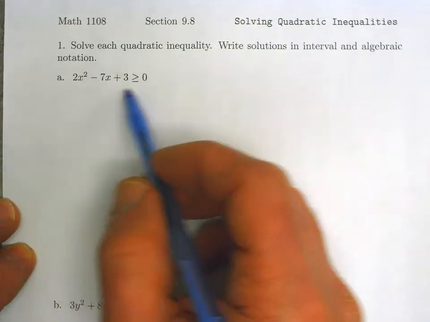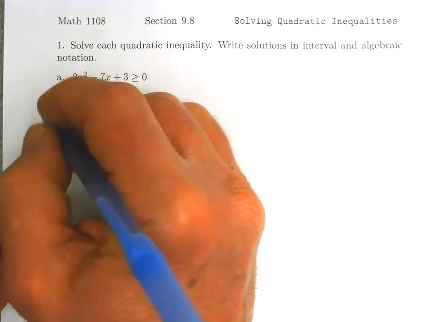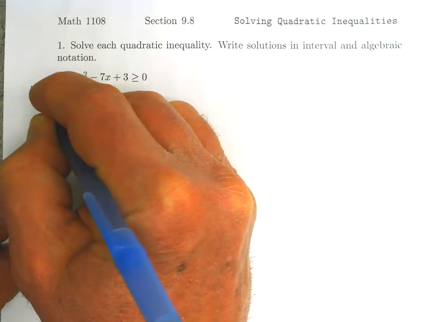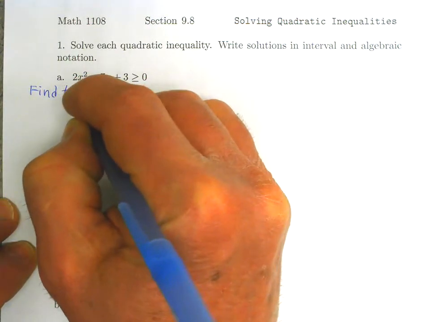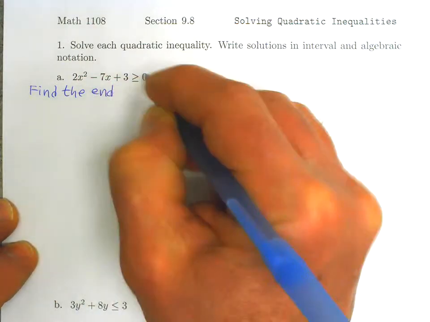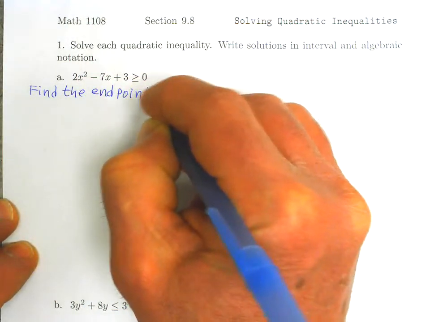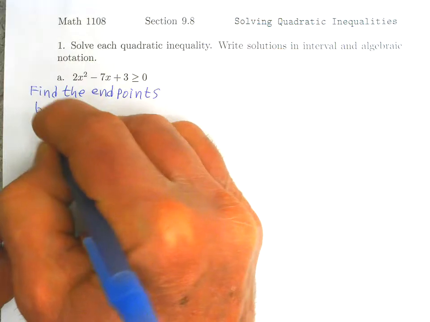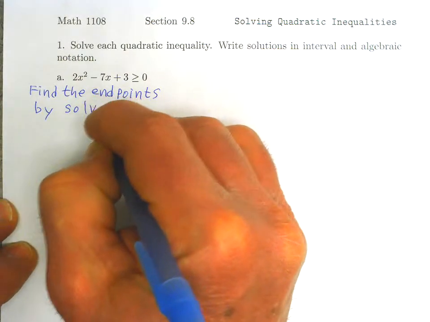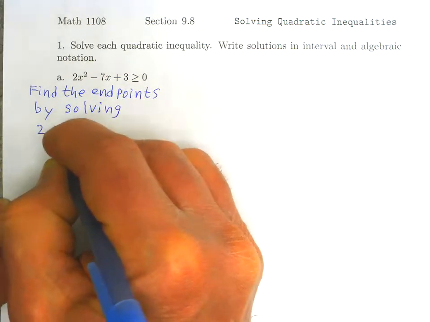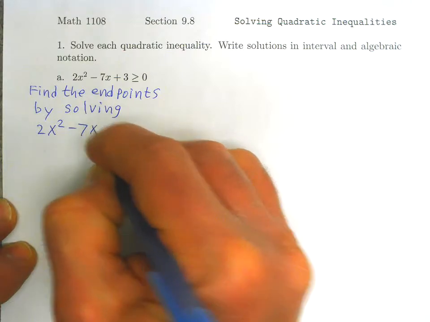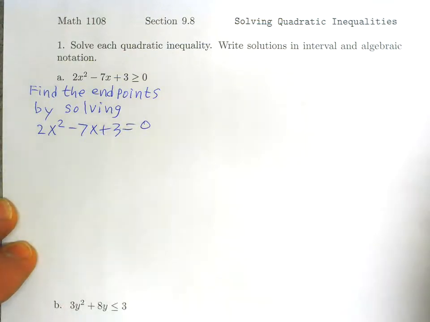So for this particular quadratic inequality, we're going to find the endpoints by solving the quadratic equation. Find the endpoints by solving 2x squared minus 7x plus 3 equals 0.